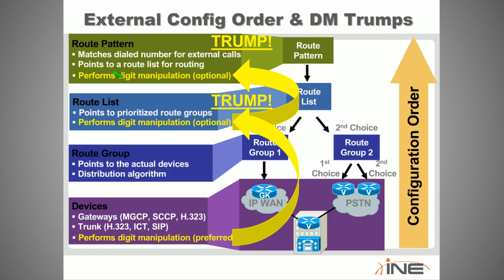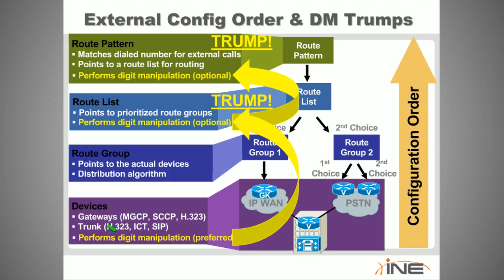So essentially, as I go on down the line of the actual call, any digit manipulation that was done at the route pattern level is only basically tentative. It's set to take effect if no other digit manipulation happens to be configured on down the line. If there is digit manipulation on down the line, whatever was done previously is completely forgotten. It's like, you know what, your reservations are no longer good because somebody else more important showed up.